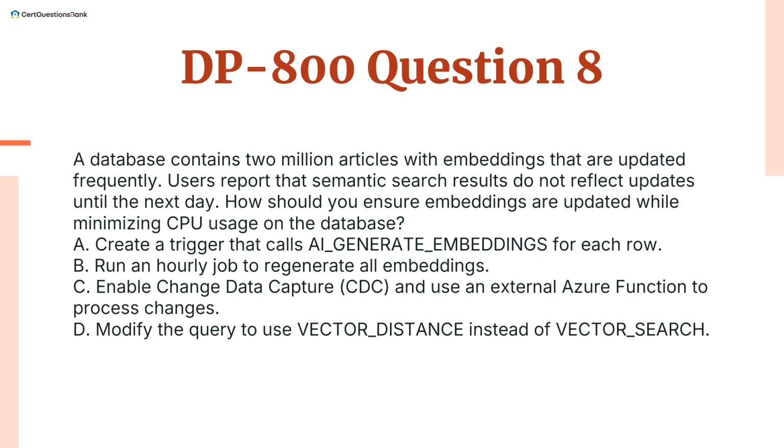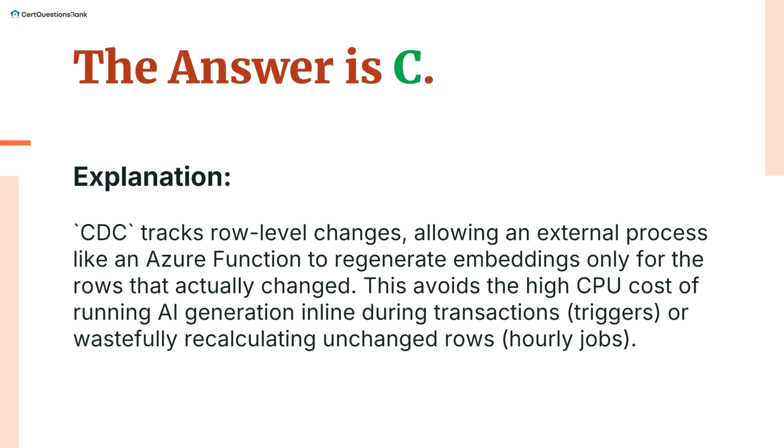B. Run an hourly job to regenerate all embeddings. C. Enable Change Data Capture, CDC, and use an external Azure function to process changes. D. Modify the query to use vector_distance instead of vector_search. The answer is C.